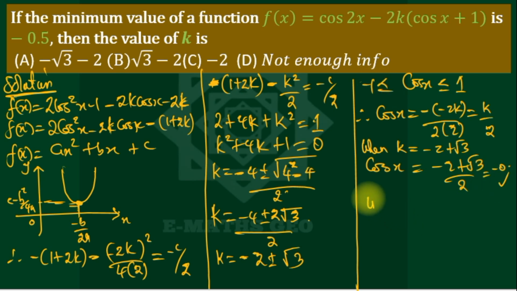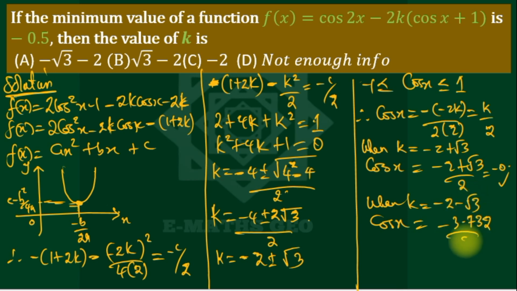But if we check minus 2 minus root 3, we see that this will give minus 3 point something, because it's minus 2 minus 1.73, over 2.